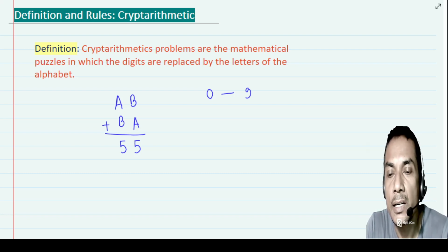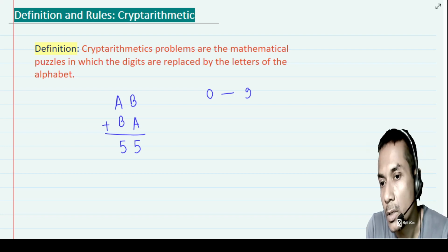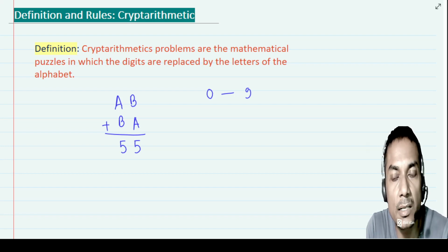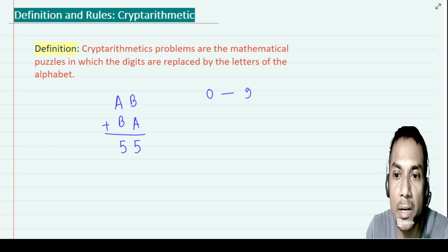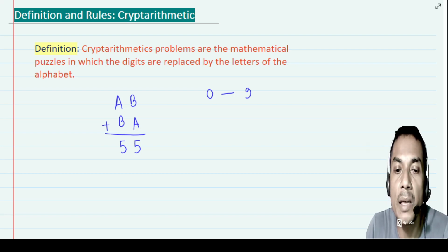Now we understand that we have to choose B and A. So what are the possibilities? If a carry forward happens, then when we add two 2-digit numbers, there is a chance to get a 3-digit number, so we have to consider the carry forward. But in this kind of problem, you should always apply the basic concept of calculation with the trial and error method.